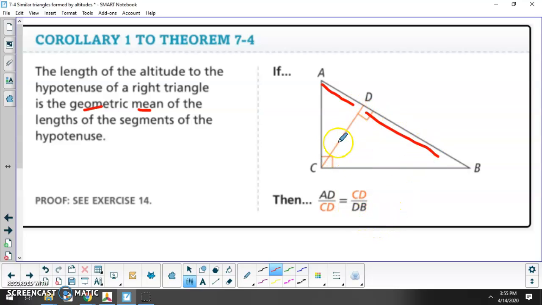So you can figure out the altitude by taking the geometric mean of the segments of the hypotenuse. In other words, CD is equal to the square root of AD times DB, which is a neat little thing. You could figure out the altitude by the geometric mean of the hypotenuse. So if you keep that in mind, it will help you on some problems.